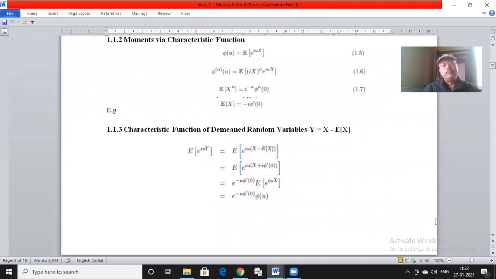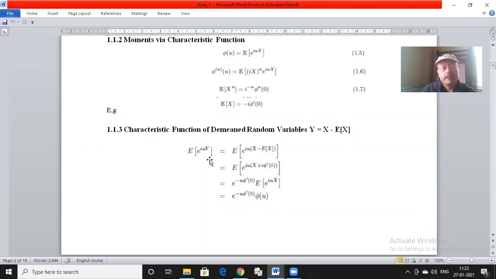There is one more thing that we need to use here, because most of the time we look at mean-centered random variables. Even in finance, we look at mean-centered random variables. So we do not study x itself, we study x minus expectation of x. So what we require is the characteristic function of the de-meaned random variable.